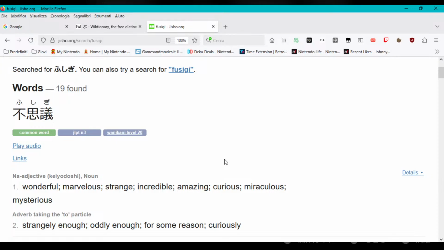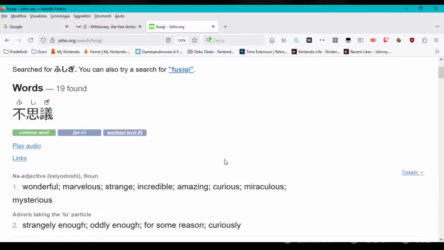This one simply adds the copula, and it's the copula that gets conjugated. If I want to say it's strange, I would say fushigi desu in polite speech, or fushigi da in plain speech.